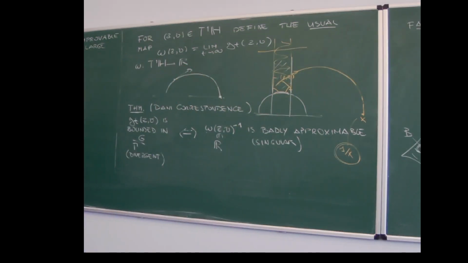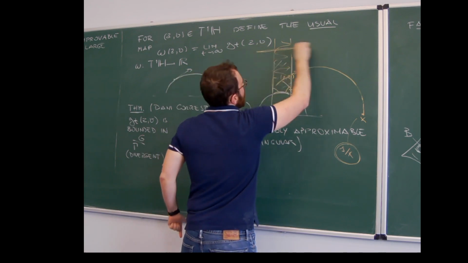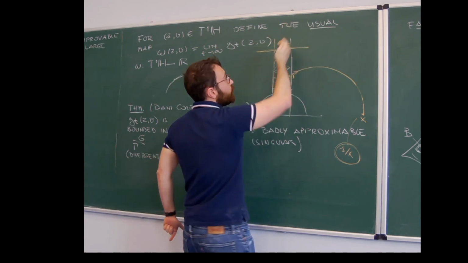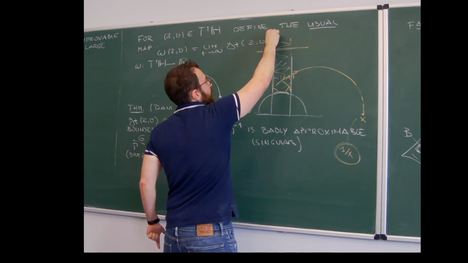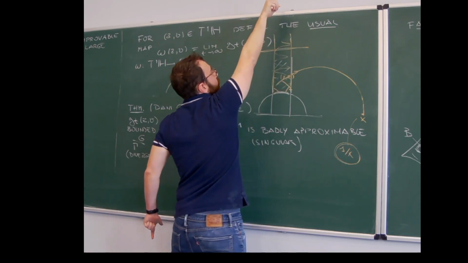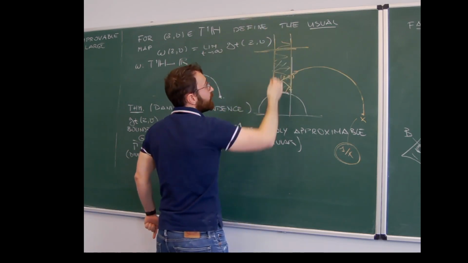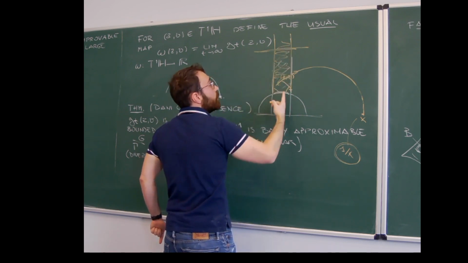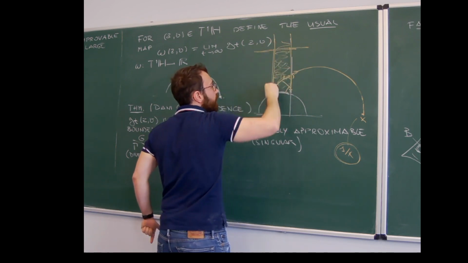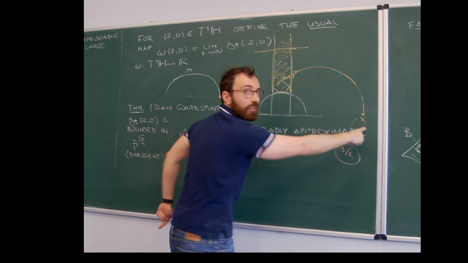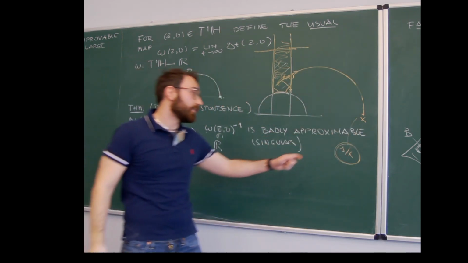You can see this by how we defined the metric. I didn't really define what the metric dg is, but it is more or less comparable to the hyperbolic metric. The only way you can go to infinity with the hyperbolic metric, if you stay inside this thing, is to go up here. So this correspondence says that if your orbit starting from here remains in this bounded set, then what you see here is badly approximable, or rather the inverse.